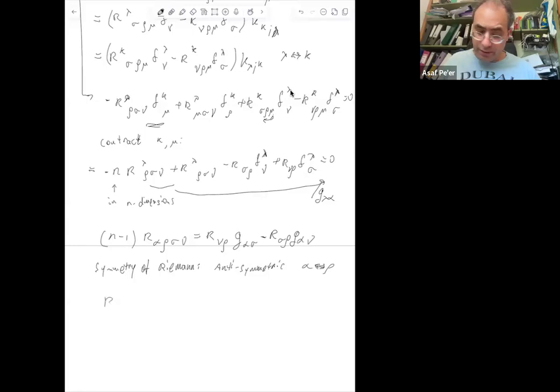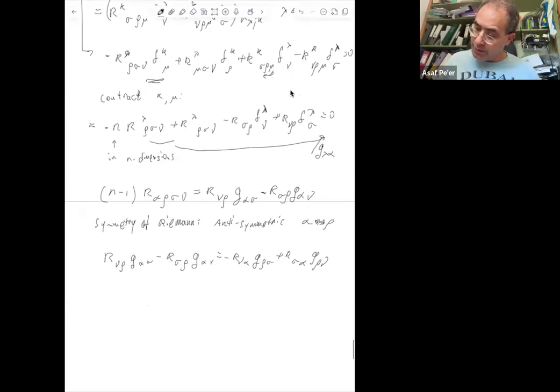So we get that R_nu rho g_alpha sigma minus R_sigma rho g_alpha nu is a minus R_nu alpha g_rho sigma plus R_sigma alpha g_rho nu.